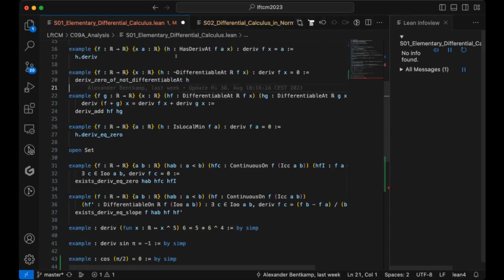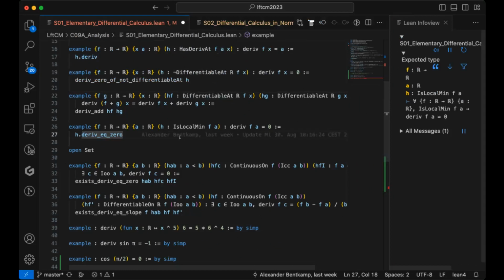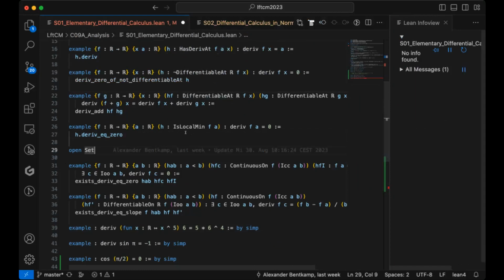If it has the property that it's differentiable at x and the value is a, then the derivative is indeed a. Here's something where we're beginning to say something mildly useful about differentiation. If a is a local minimum of f, then the derivative vanishes.